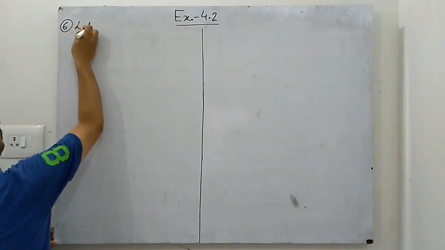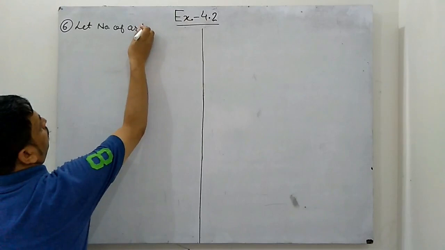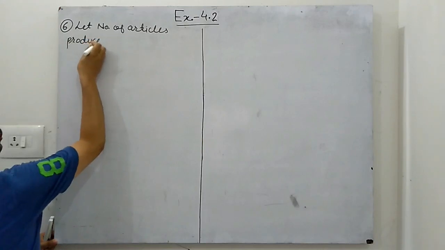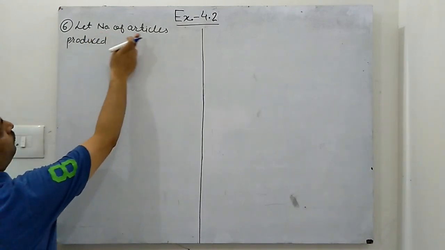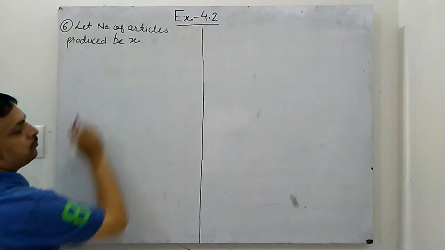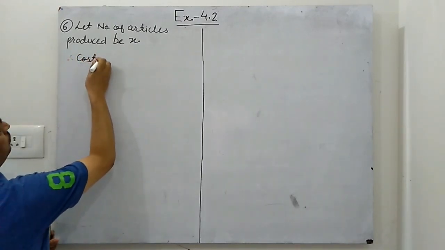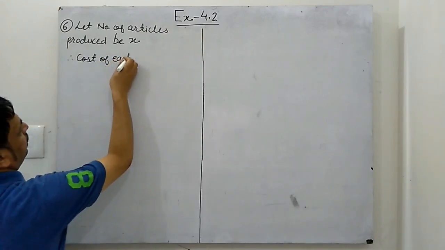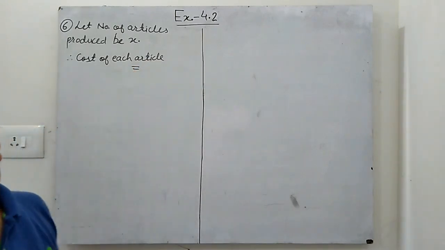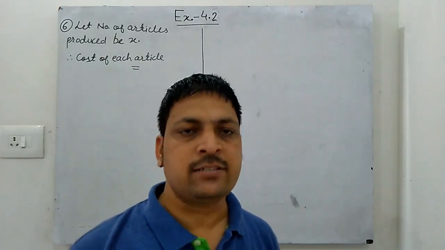First we are assuming the number of articles produced. We are talking about a particular day. Number of articles produced be x. Clear? So according to question, cost of each article is 3 more than twice the number of articles.